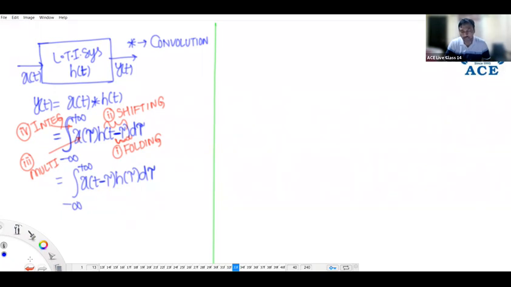Let me explain convolution in an easy manner with a polynomial example. First, I am explaining an easy example to understand the graphical method. Suppose you have selected two polynomials like this: s square plus 2s plus 1 is one polynomial, s square plus 3s plus 4 is another polynomial.